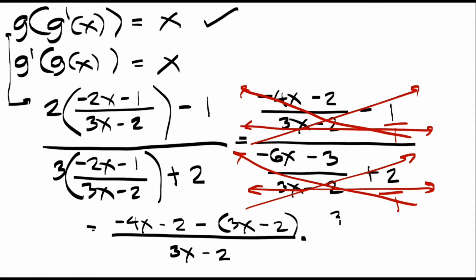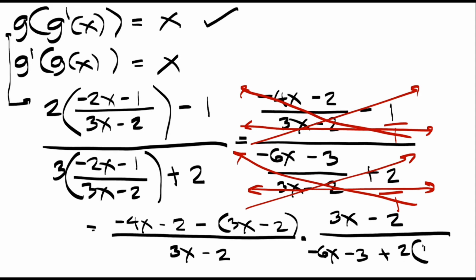So we have 3x minus 2, and this will be all over. Okay, so 1 times negative 6x minus 3 is negative 6x minus 3, and then we have plus 2 times 3x minus 2.